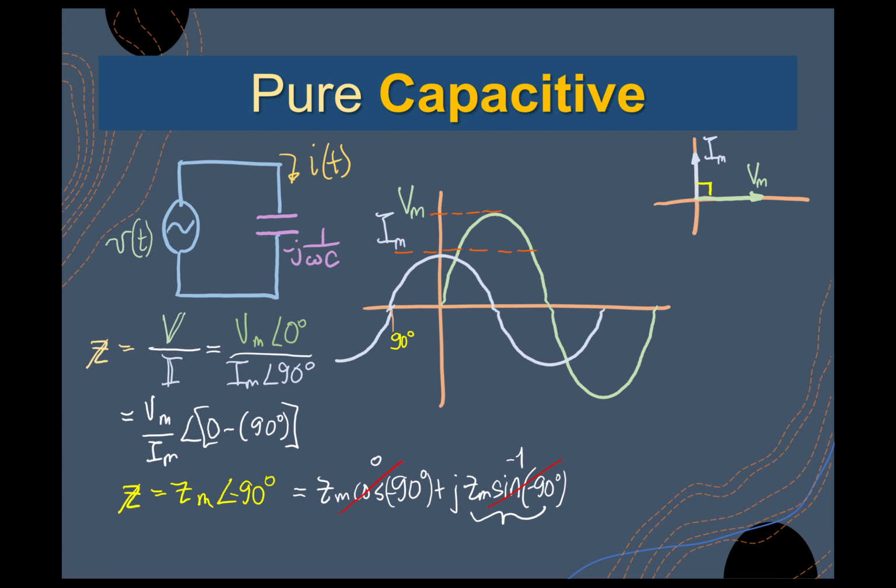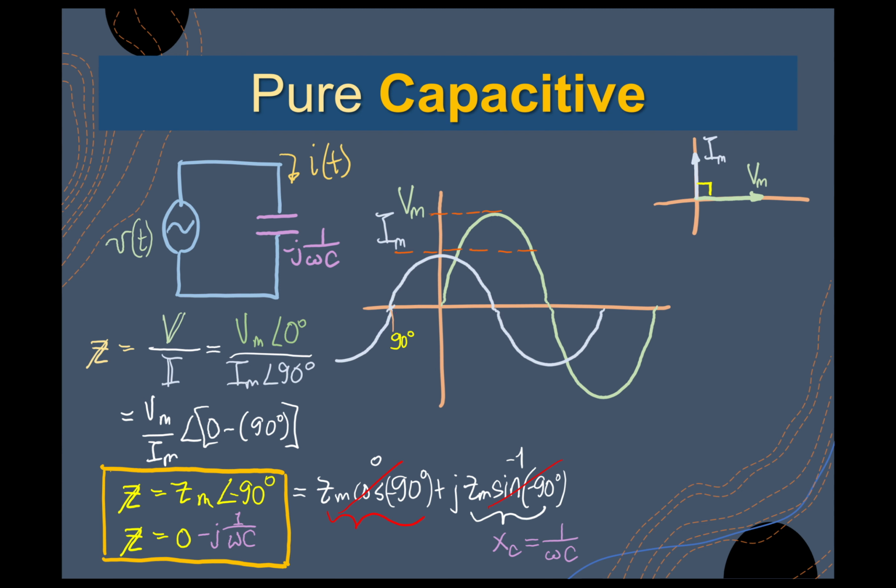If you're looking for the rectangular form, you will see that there's no resistance, or no real number, so this becomes 0 and we only have the imaginary number XC. The capacitive reactance XC is equal to 1 over the angular frequency times the capacitance. So you have this expression for your purely capacitive circuit.